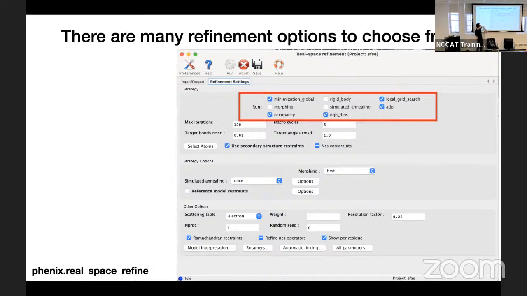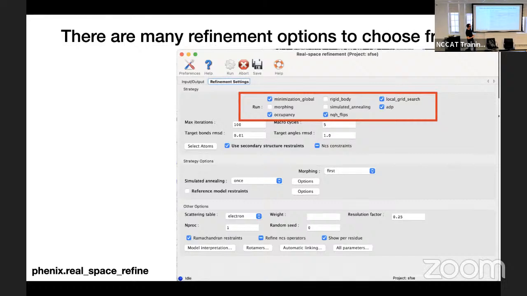That's also a parameter you can change, but it might be that in the first cycle you do an initial minimization of the model, then you might do something like simulated annealing or morphing or one of these more aggressive things, and then it will usually be followed by a few additional cycles of just gradient minimization. You can also break this up yourself if you want maximal control and say, okay, I'm going to run the gradient minimization just one cycle, and then I'm going to do something like simulated annealing one cycle.